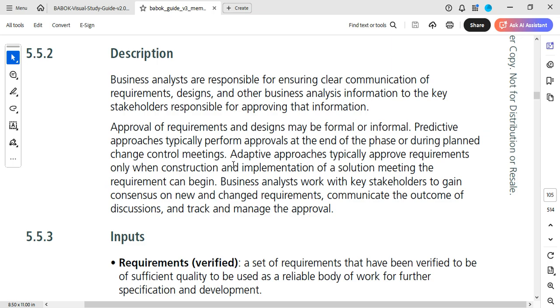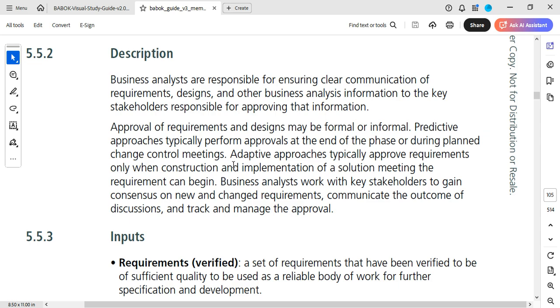So, business analysts are responsible for ensuring clear communication of requirements, designs, and other business analysis information to the key stakeholders responsible for approving that requirement. So, you've cleaned everything up and you've gone to meet the key stakeholders who should sign off on your requirement. Remember, you already have your stakeholder list somewhere, so you know who to go to, okay?